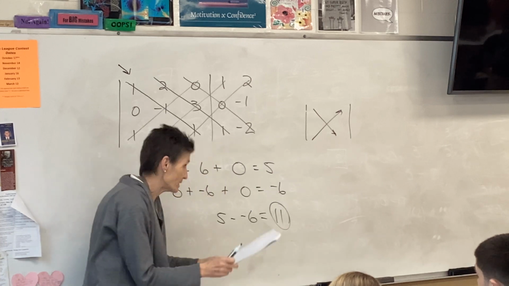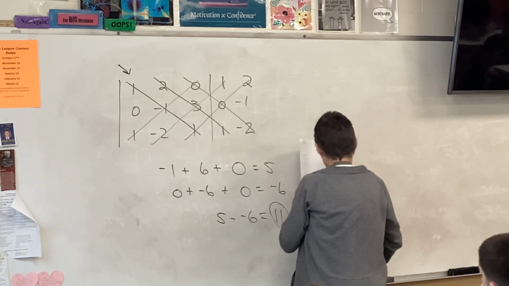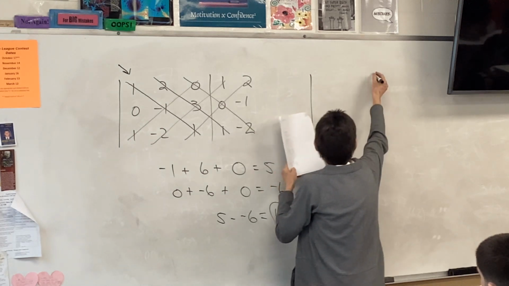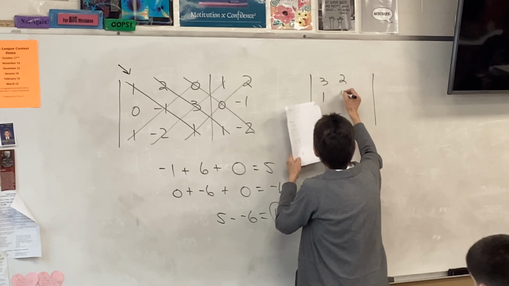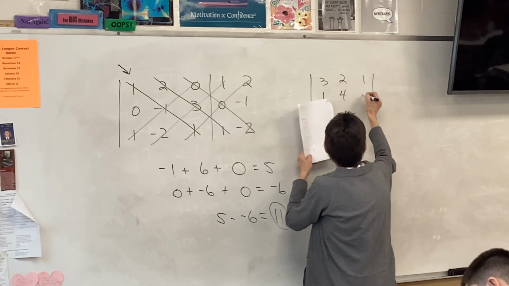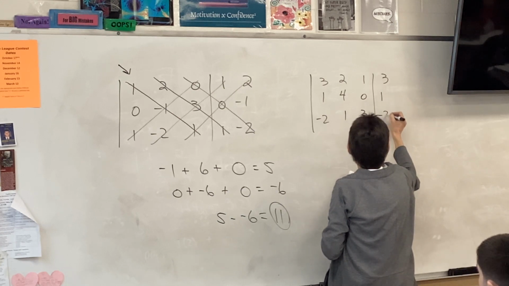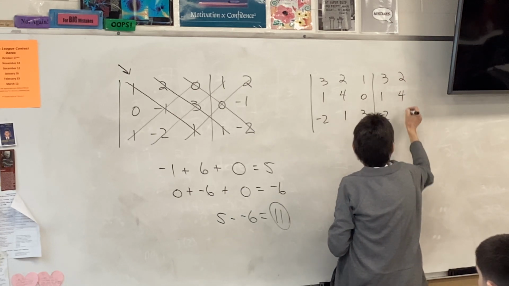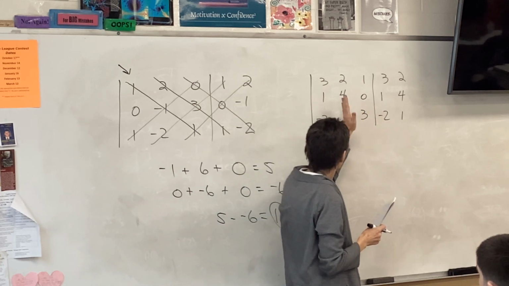Okay, let's try E. Same thing. What's the first thing we're going to do? We're going to write our columns, just the first two. And make sure you're doing it in order. So this one, and then this one.